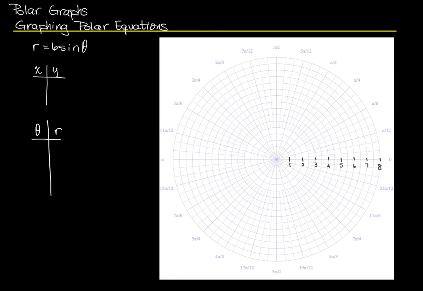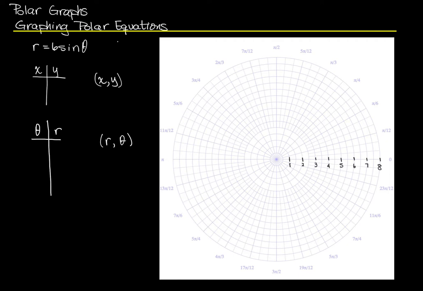Now, that's a little confusing because for xy equations, we have an input of x and an output of y. And for some reason, conventionally, we put r first in the set of ordered pairs. We have r first and then theta, and so it looks like r gets plugged in and theta is what gets spit out. But in fact, because of the way we write the equations, it's just the opposite. So I know this is confusing, but that's just the convention that's been used for probably centuries.